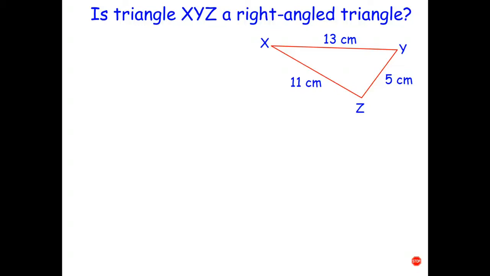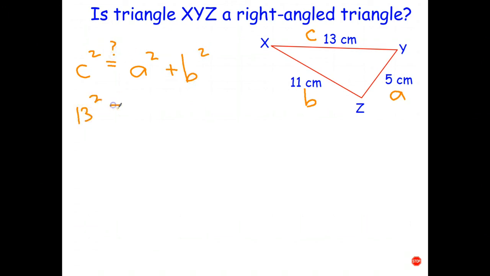Okay, welcome back, guys. Now looking at the three sides, the 13 is obviously the longest side, so that gets the letter C. A is the shortest side, and B is the 11 centimeter side. Write the Pythagorean theorem, but again, we don't know if it's true or not true, so we put a question mark above the equal sign.